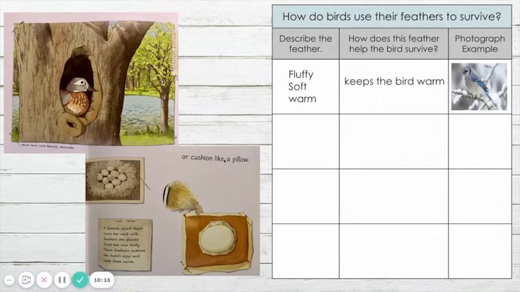Or cushion, like a pillow. A female wood duck lines her nest with feathers she plucks from her own body. These feathers cushion the duck's eggs and keep them warm. How would you describe the feather of the warm wood duck? Share your thinking.